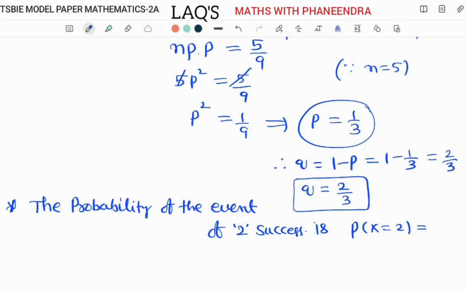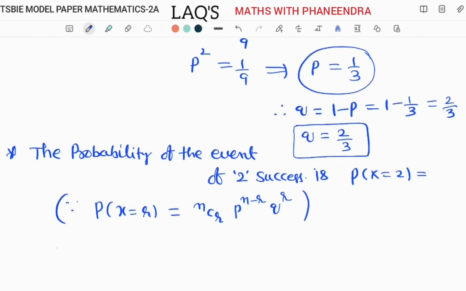We have P of x is equal to r in the binomial distribution formula, nCr p power r q power n minus r. So they are asking here P of x is equal to 2. n value we know, p value also we know, and r value also we know, r is equal to 2.